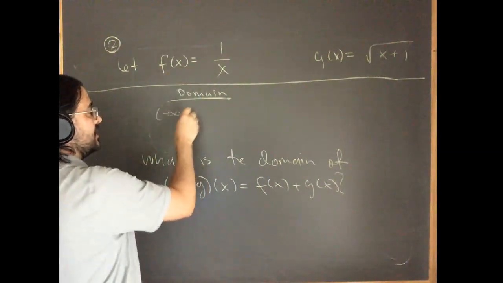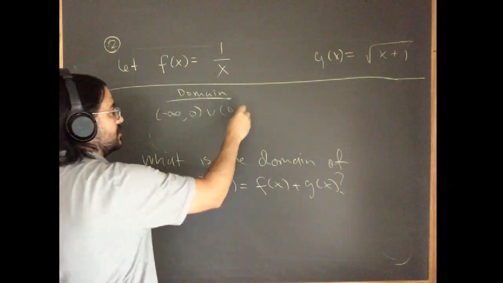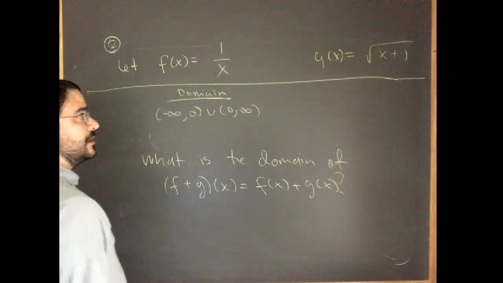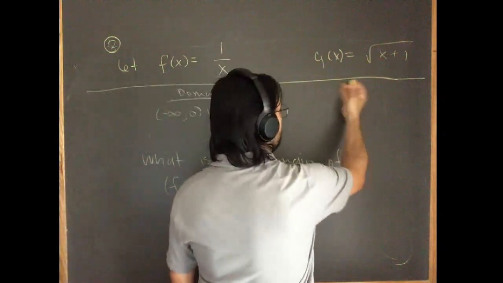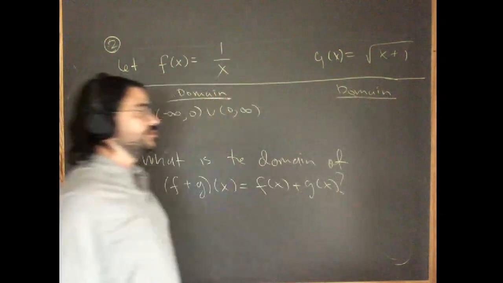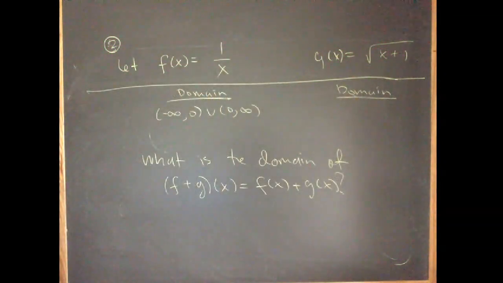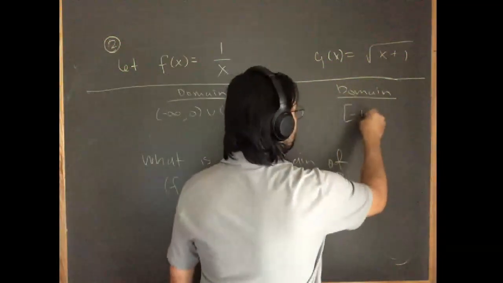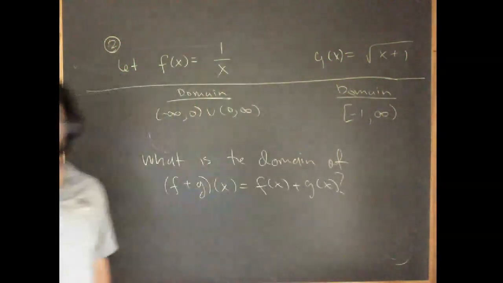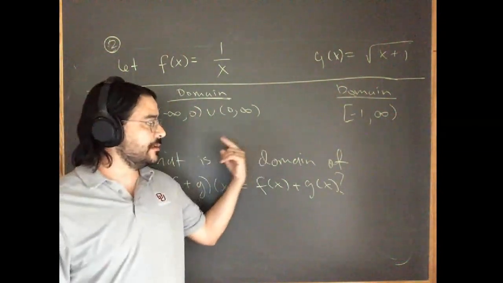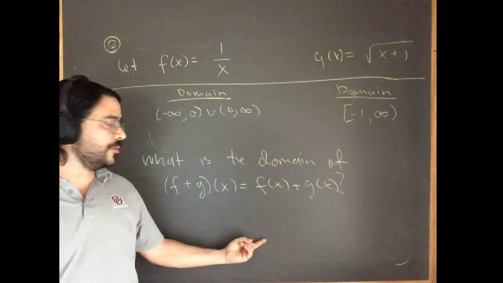So we would go -infinity to 0, 0 to infinity, and we put parentheses to show that we don't include 0. This domain is everything that is bigger than or equal to -1, and that's because you would set up the equation x plus 1 is greater than or equal to 0, and you would solve it, and you would get the interval from -1 to infinity.